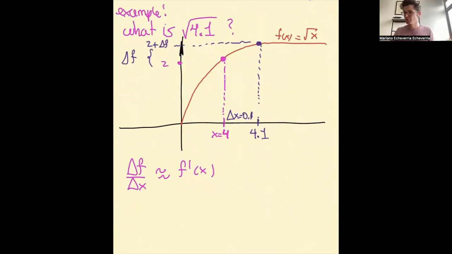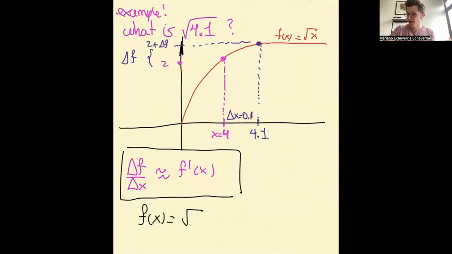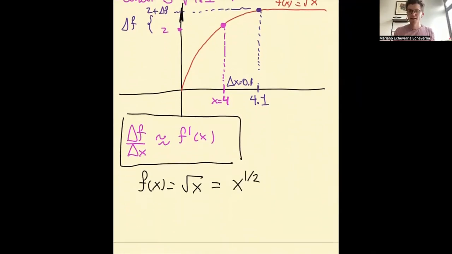So f of x in this case is root of x, which is x to the 1/2. We did it explicitly for the square root of x.